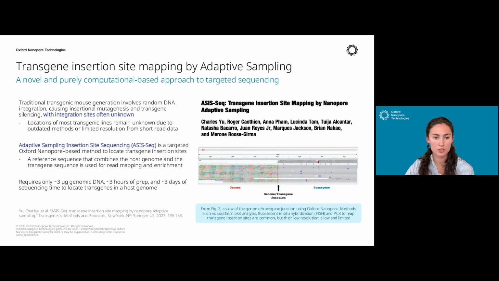To quickly show an example, this is a publication called ASIS-seq. This is a really exciting use case of Nanopore being used with adaptive sampling. What they did was design a bed file to look at the vector sequences and also the insertion event, so that they're able to get a low-pass whole genome sequencing event, but also deeply characterize the areas they might be looking at.